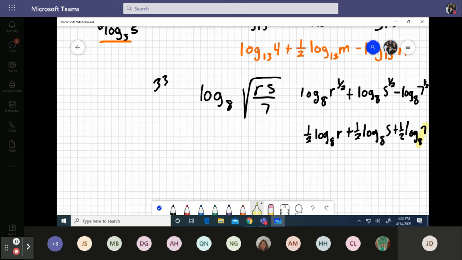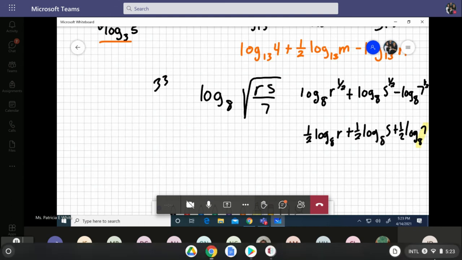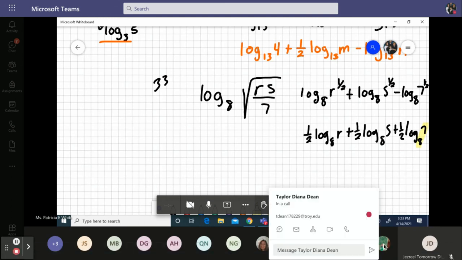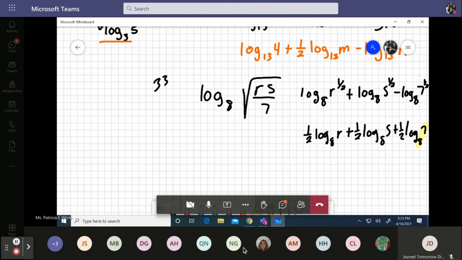All right, so let's do that backwards. And look at 35. Yeah, because that's a ratio.